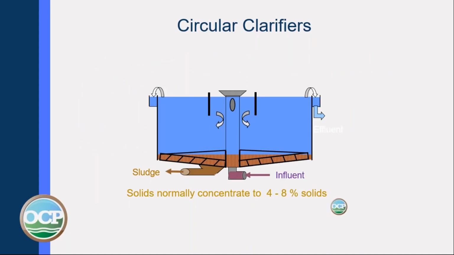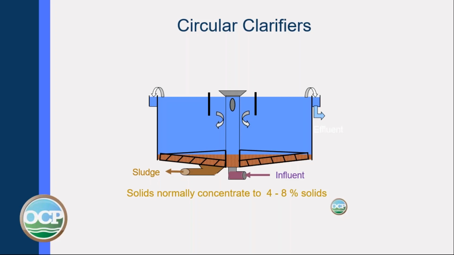Here's a circular clarifier. The influent comes in the bottom up through a central pipe going up to the top. That opening in that pipe is surrounded by a stilling well. What the stilling well does is it breaks the flow of the water coming up and into the clarifier so it doesn't mix up the solids that are settled at the bottom.